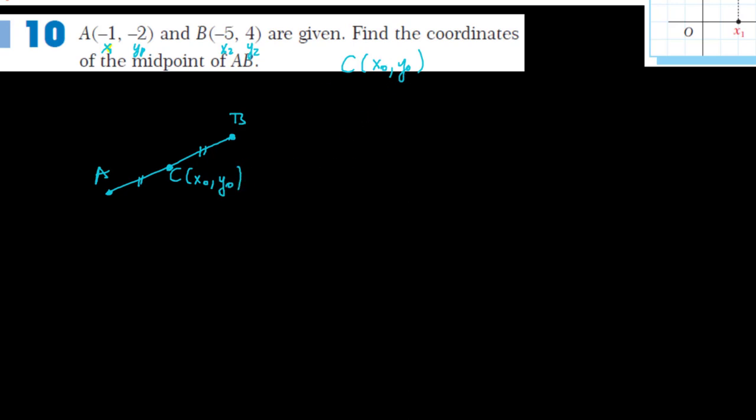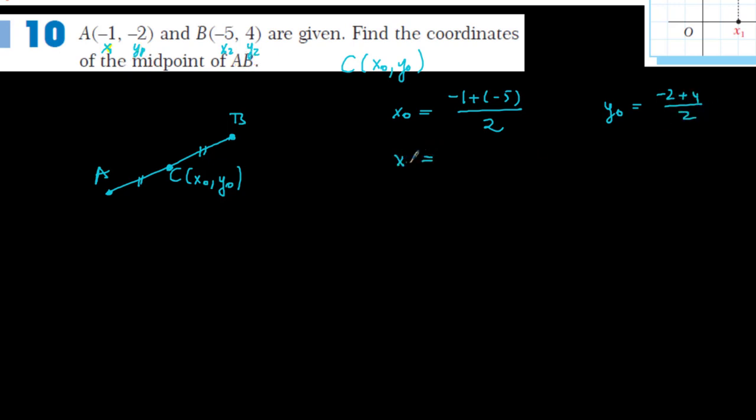Now, what was the formula? x0 should be equal to x1 plus x2 over 2, which is minus 1 plus minus 5 over 2. Then y0 is equal to minus 2 plus 4 over 2.